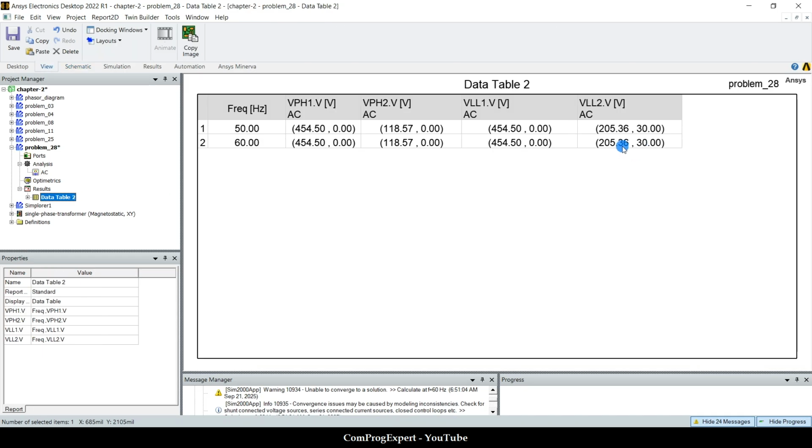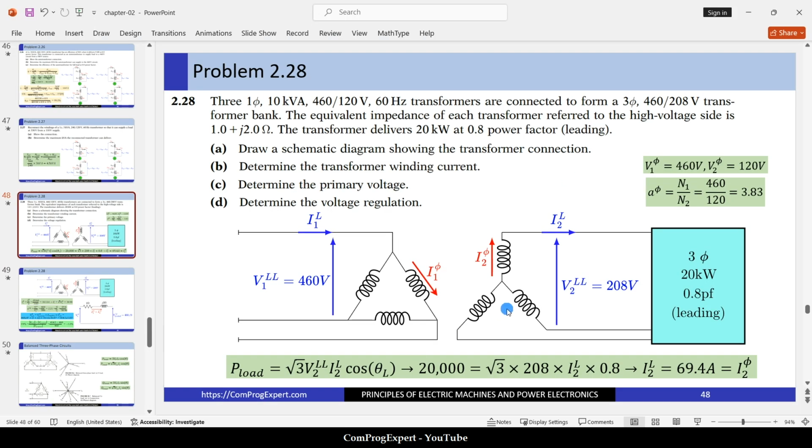In this case, as you can see, the value of the voltage is 205, but the value of the voltage that we calculated is 208. What is the reason? The reason is the internal impedance of the transformer, which we didn't consider in our model.